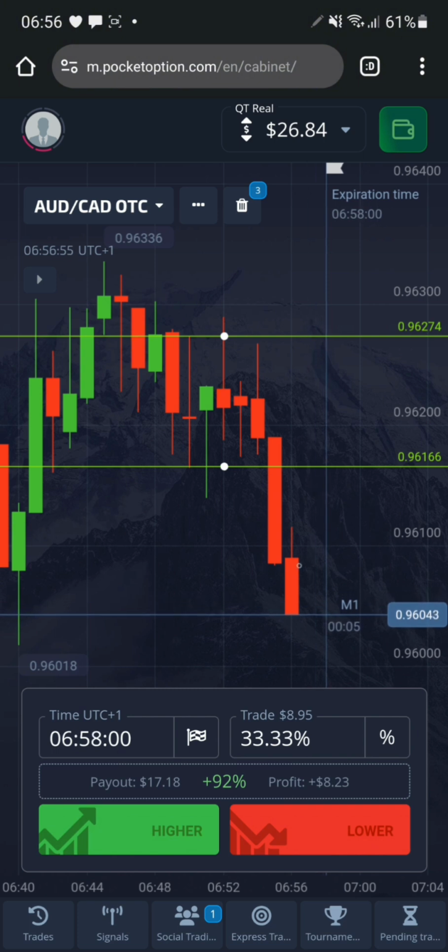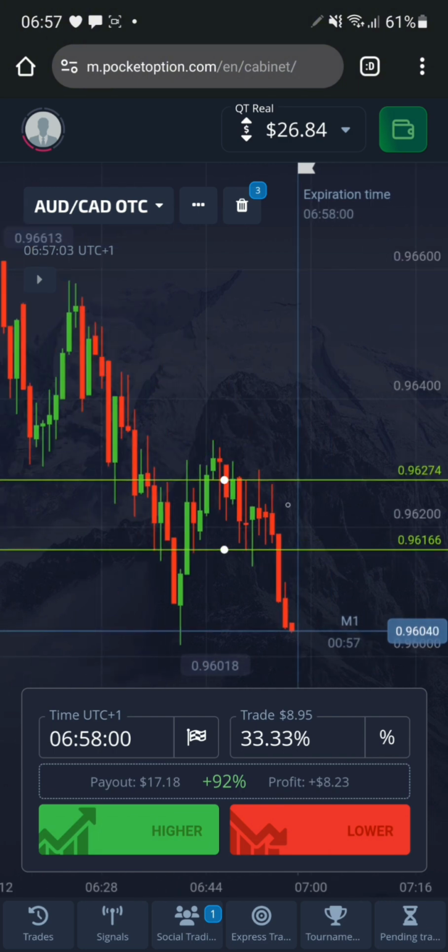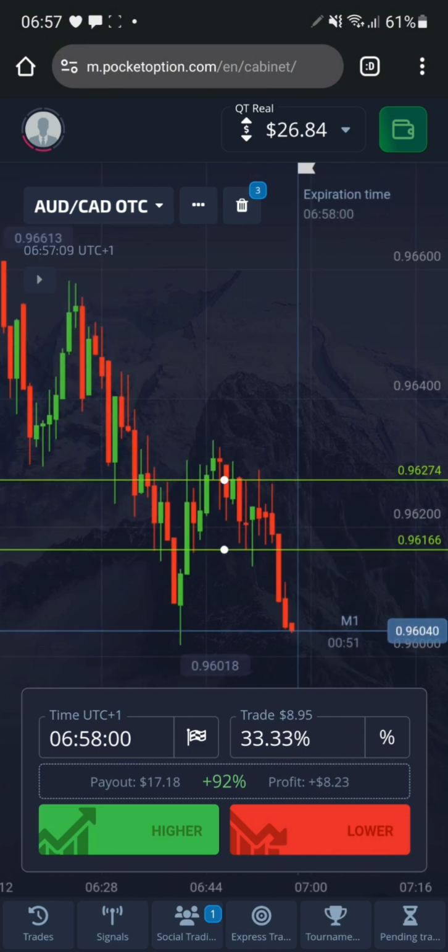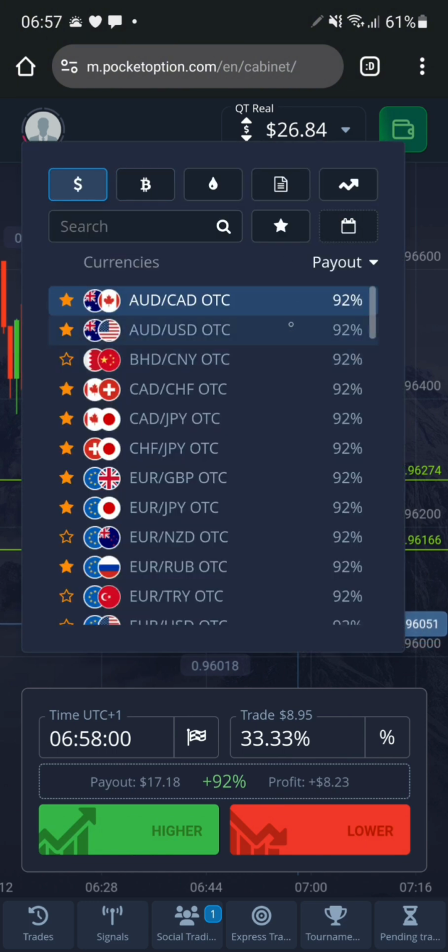If that opened normally and it gave me this kind of a margin of safety, I would have taken the trade. But I think the sellers have decided to just push down. Then that trade will probably be against the trend, which I don't want to go against. So I'm not going to go against the trend.